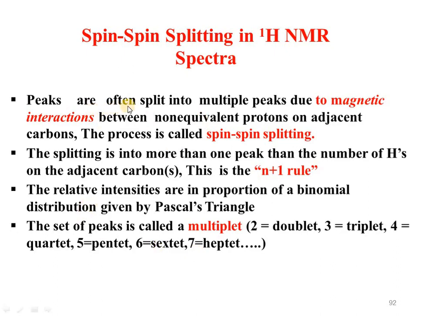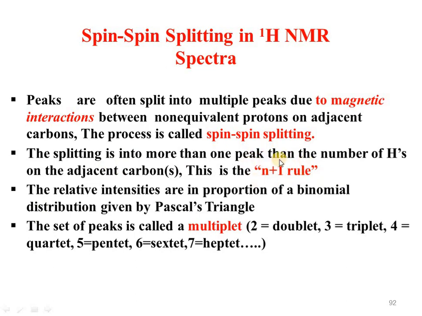Peaks are often split into multiple peaks. Why? As we already discussed, due to magnetic interactions between non-equivalent protons on adjacent carbons, and this process is spin-spin splitting. Splitting into more than one peak depends on the number of hydrogens on the adjacent carbons, according to the n+1 rule.